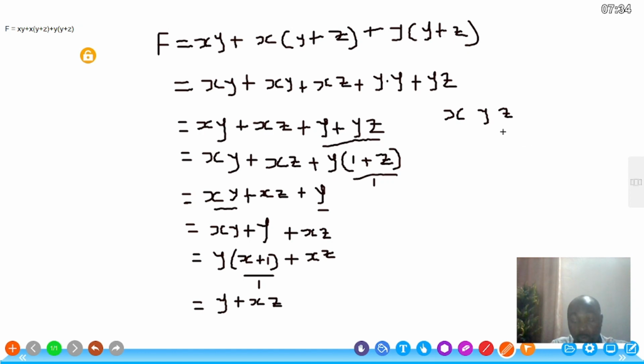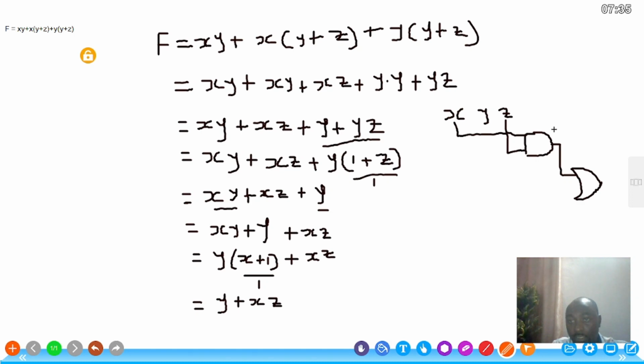So okay, let's try to represent this first, xz, because it has the AND symbol. So let's have it this way, right? So you have xz, and then ORing them by y.